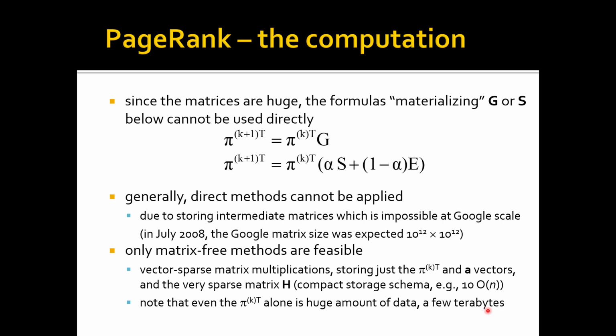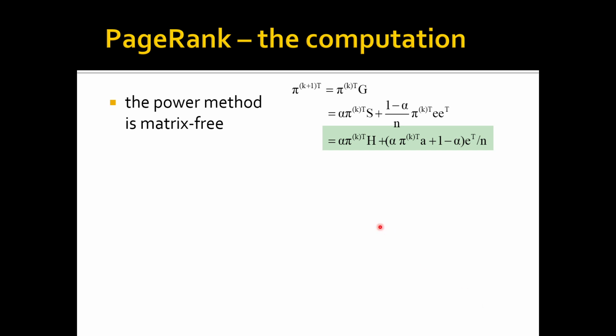So the power method basically computes with the expanded form of the formula. And what we can see here is that there are only vector to vector multiplications, because H is extremely sparse, so it's almost a vector, or like 10 vectors.